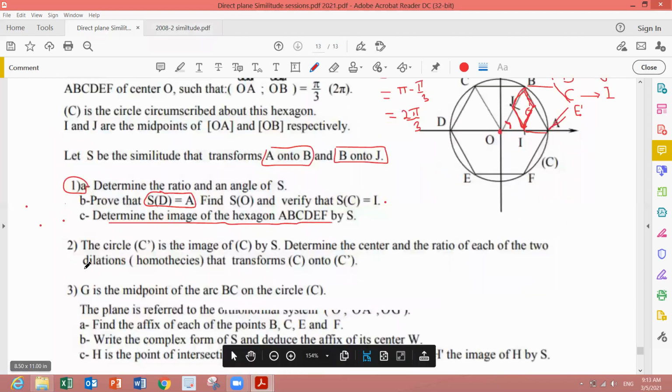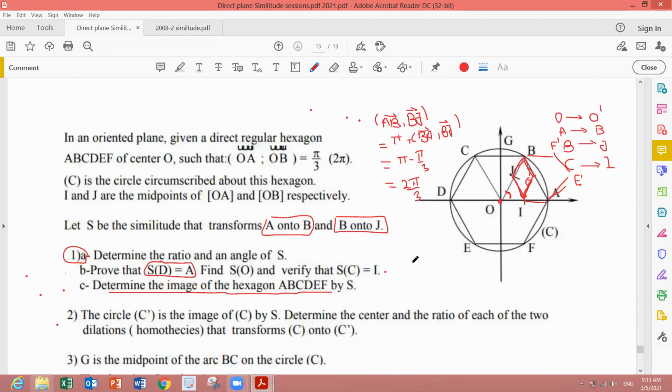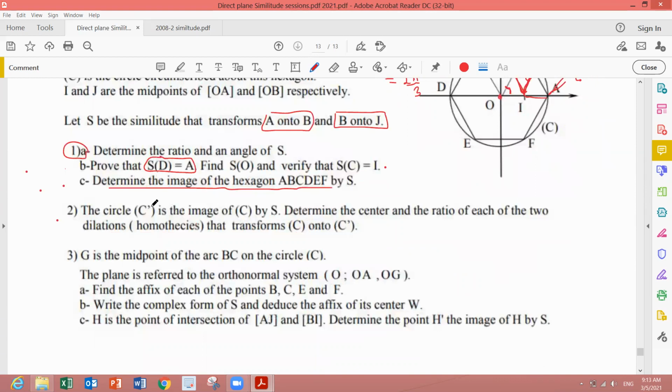Part D. Part 2. The circle C prime is the image of C by S. What is the image of a circle? We had a circle of center O and radius, how much? I don't know, radius R. What will be the image of C by S?